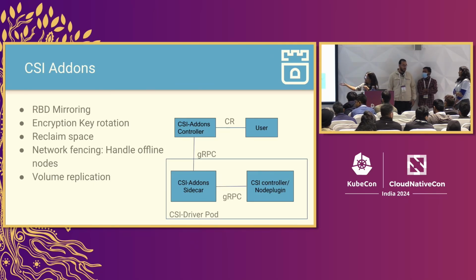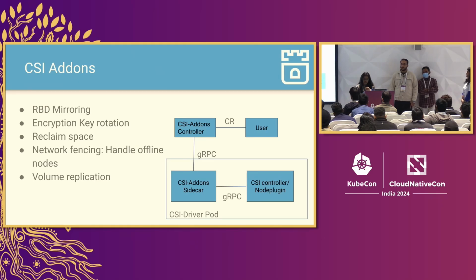How the communication takes place: if you want to reclaim space or do network fencing, a CR is created by the user, which is passed on to the controller, and the controller passes the call to the CSI add-on sidecar, which resides in the CSI driver, through a gRPC call. Then the CSI sidecar sends another gRPC request to the controller or node plugin to execute the operations.